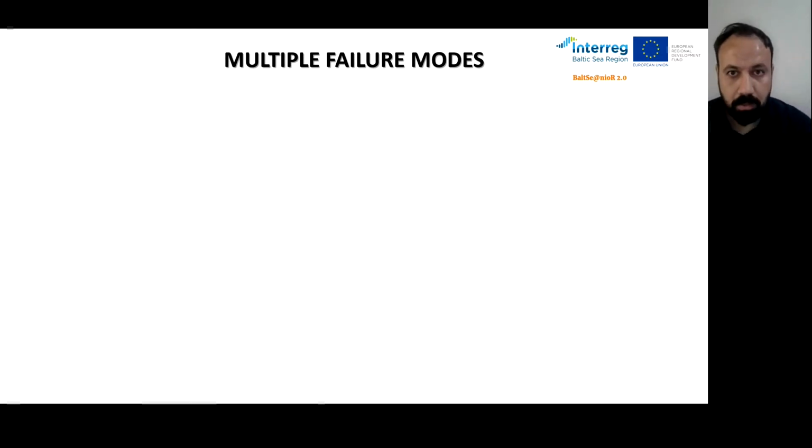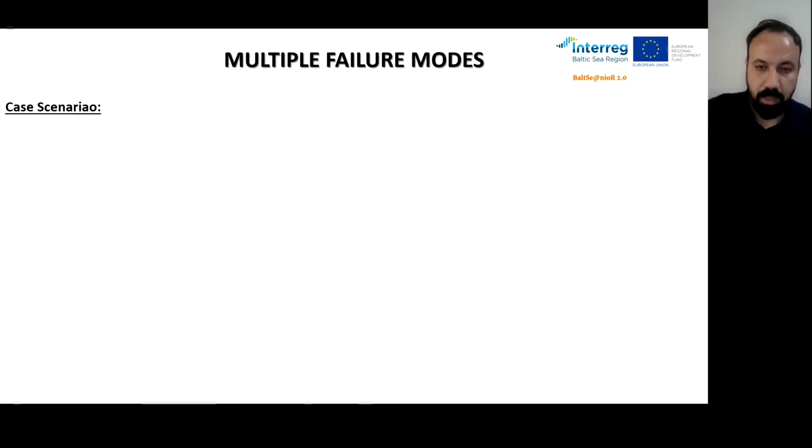For multiple failure modes, in here I will create a case scenario for a bookcase. In this one, we talk about the parallel system and the series system, and how we can use this system when we calculate the reliability of the furniture construction itself.